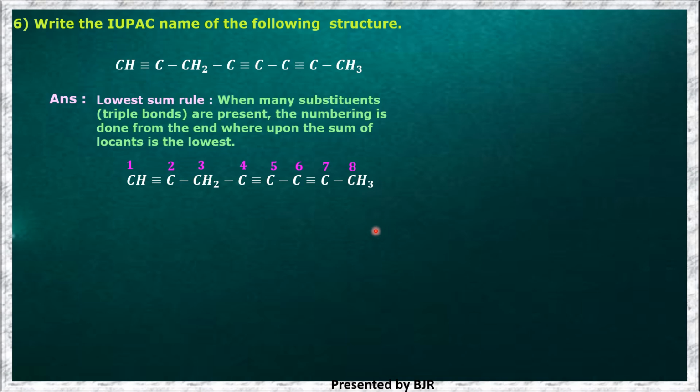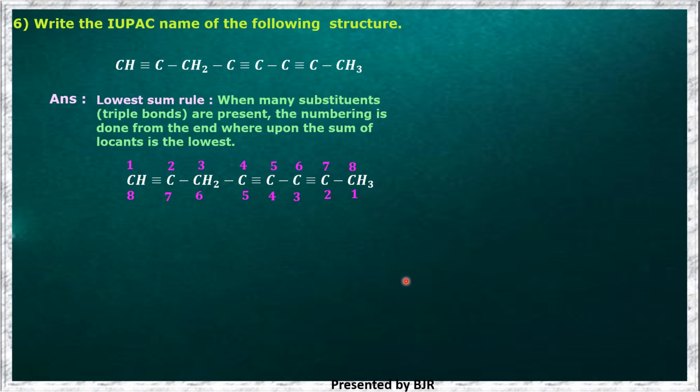Now you can see the locants, that is the numbers of the carbon atoms containing the triple bonds: first carbon atom, fourth carbon atom and sixth carbon atom. So 1, 4 and 6, these are the locants. Next, if I give the numbering from right to left, second, fourth, seventh, these are the locants.